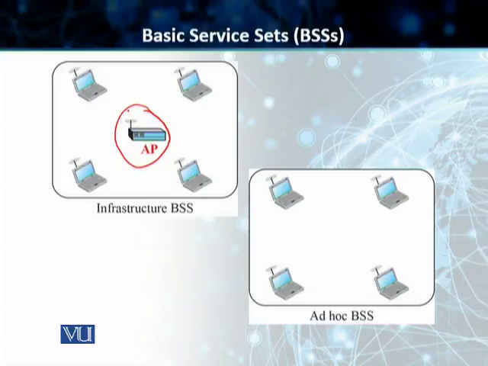Without the AP, we call this an ad hoc network, and in this architecture, stations can form the network without the need of an AP. So students, just to be clear, the AP is optional. Without an AP, wireless hosts can still communicate with each other, and we call this a wireless ad hoc network.